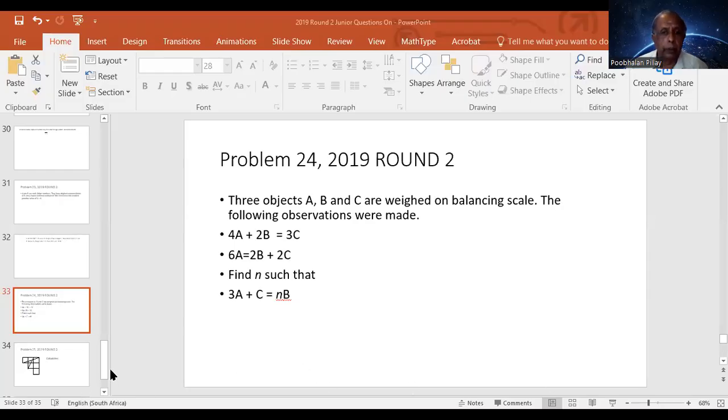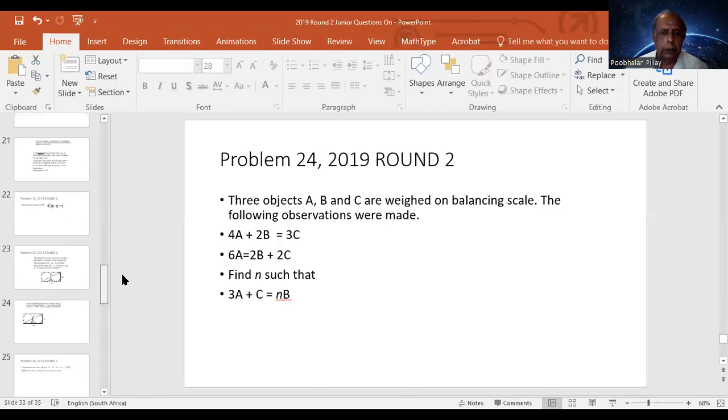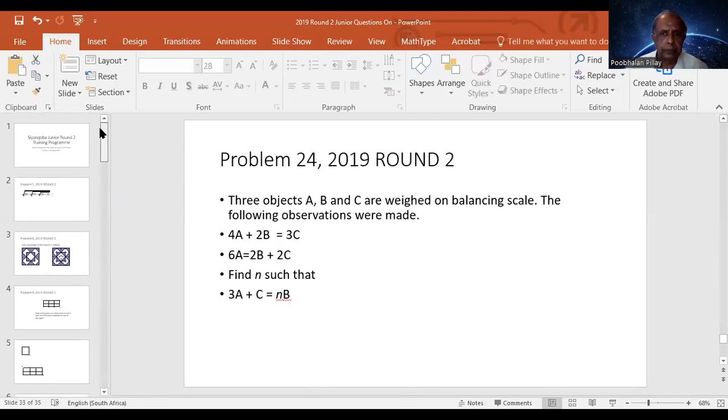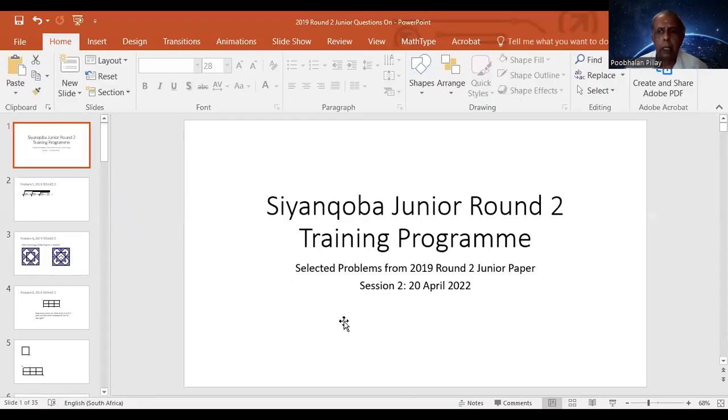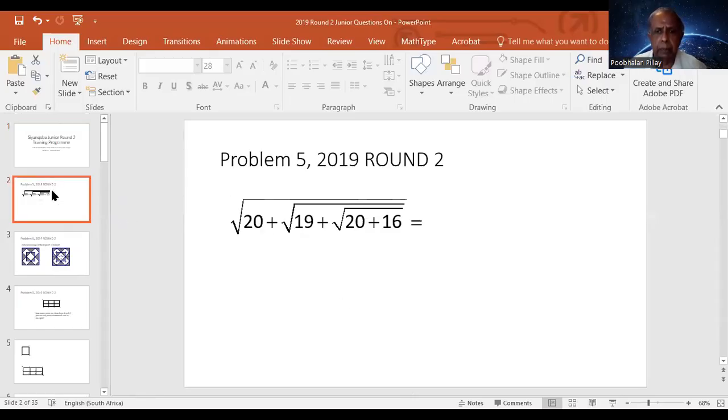All right, so let's go. We are going to start, as you can see on the screen. We are doing selected problems from the 2019 paper. By that I mean I'm not going to do the very easy problems which occur right in the beginning.